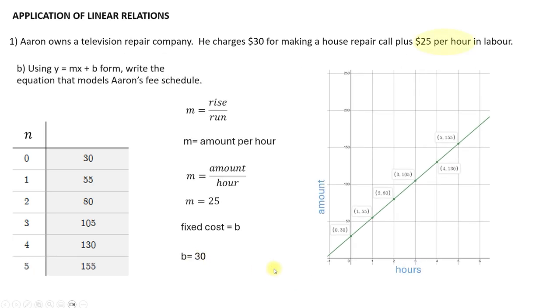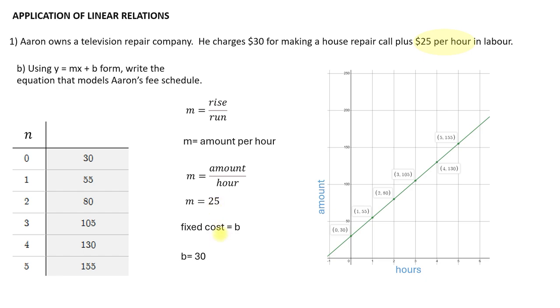So we've already talked a little bit about the slope, this word per hour. Okay. So our slope, as we know, is rise over run. In this example, we're talking about amount per hour, which could also be written as amount over an hour, and it's 25. Now, we know this for a few reasons.